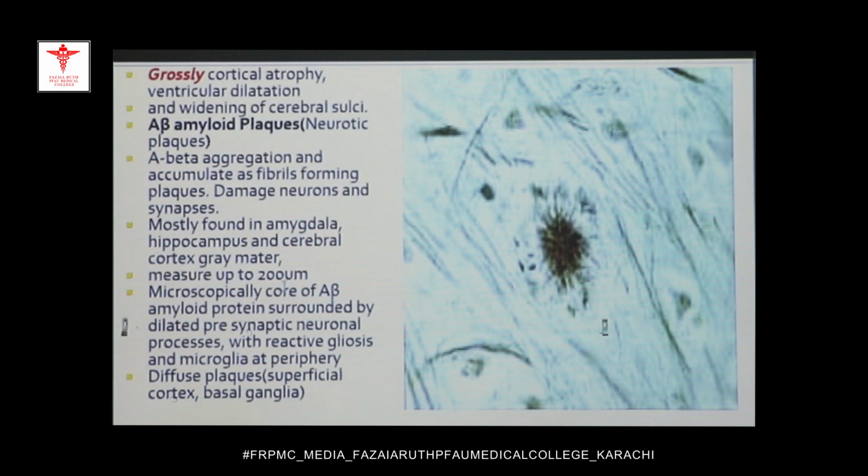It measures up to 200 micrometer. It is already mentioned, surrounded by presynaptic neuronal processes with reactive gliosis over here, and this may also be found in other areas like amygdala, hippocampus, apart from cerebral cortex.